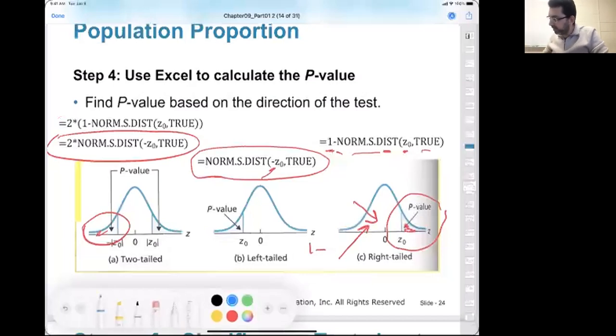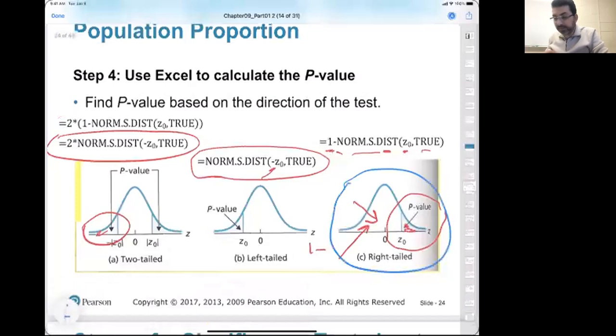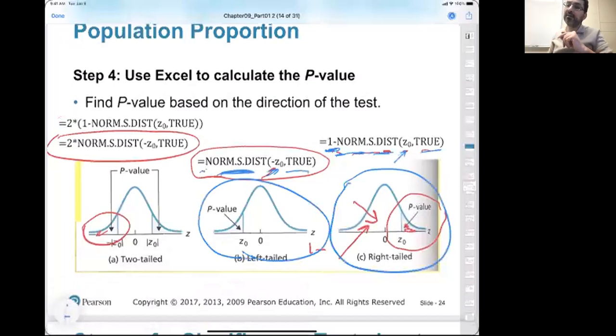So if we have a right-tailed test, you will use 1 minus NORM.S.DIST of the value of the test statistic Z, and then TRUE. If it's a left-tailed test, you will use the normal distribution function directly, as you can see here, with the value of the test statistic and TRUE. If it's a two-tailed test, based on the value of the test statistic, positive or negative, you will use the function.